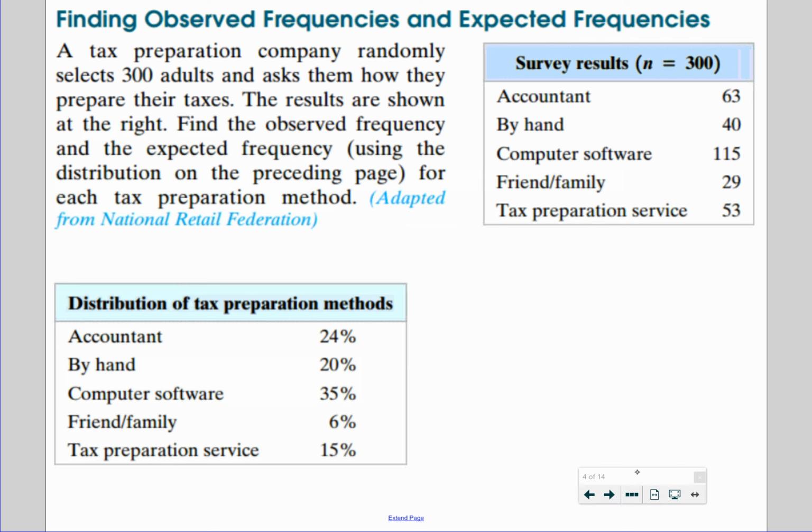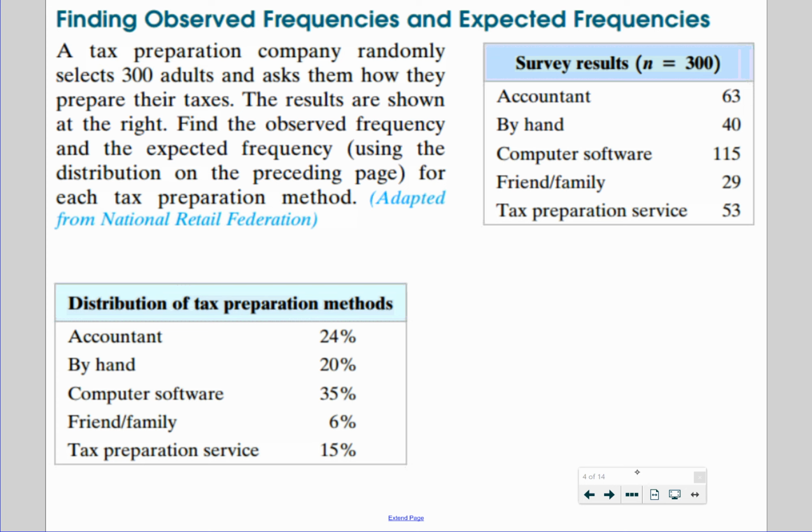Okay, so you should have this chart on your paper, I believe, right? It's on there? Yeah, okay. It says a tax preparation company randomly selects 300 adults and asks them how they prepare their taxes. The results are shown at the right. Find the observed frequency and the expected frequency, using the distribution on the bottom, for each tax preparation method.